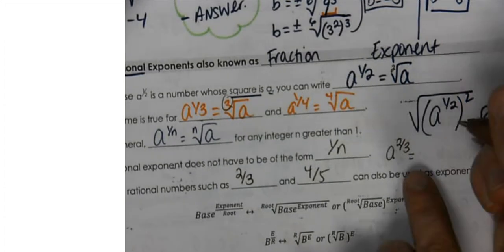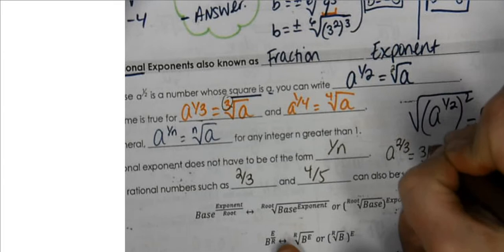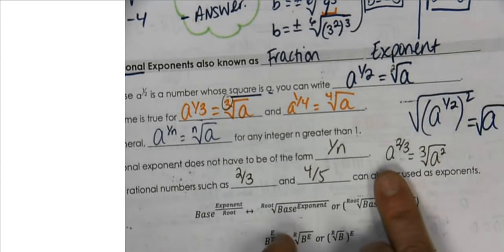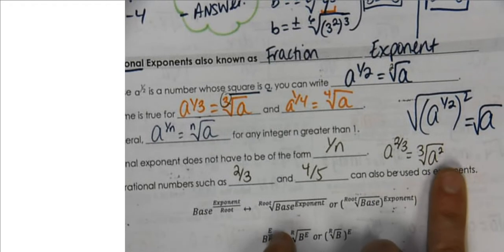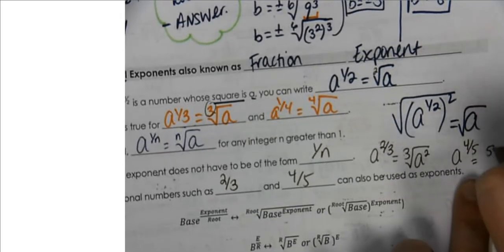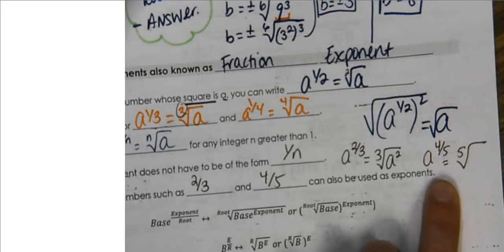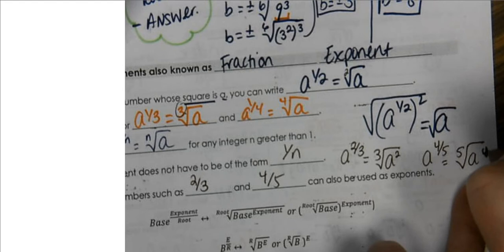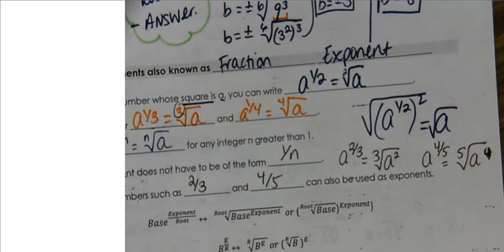Whatever the denominator is, that's the root that you're taking. And then the 2 is going to be the exponent of what's inside. So a to the 2/3 power is really equivalent to the cube root of a squared. Or if I had a to the 4/5 power, my root is going to be 5, so the 5th root of a to the 4th power. And that's how we would express it.